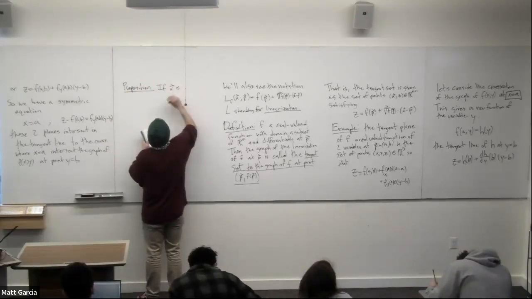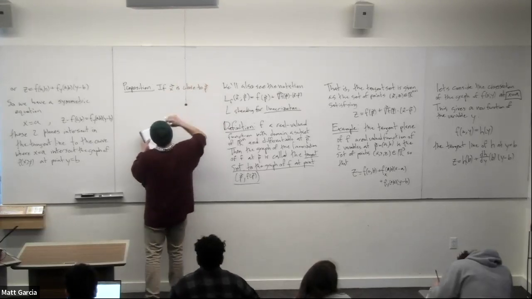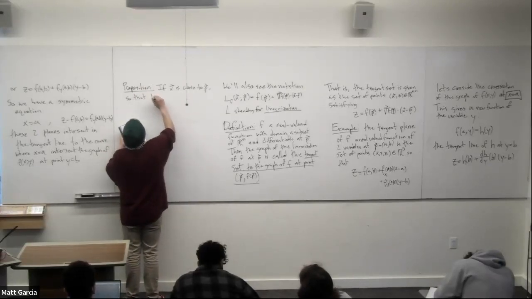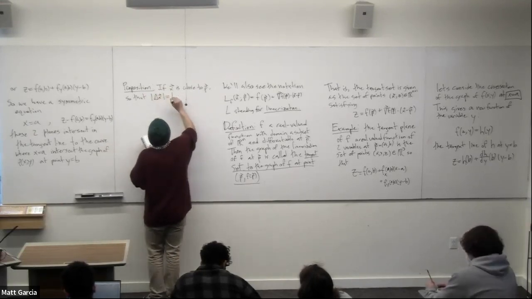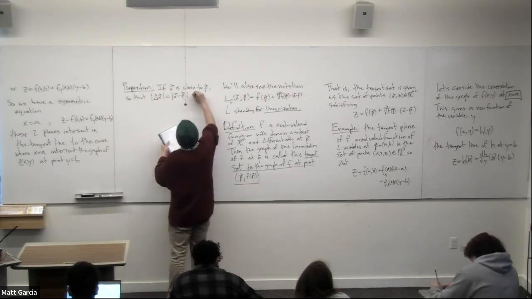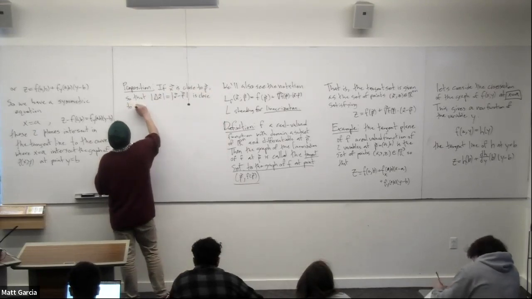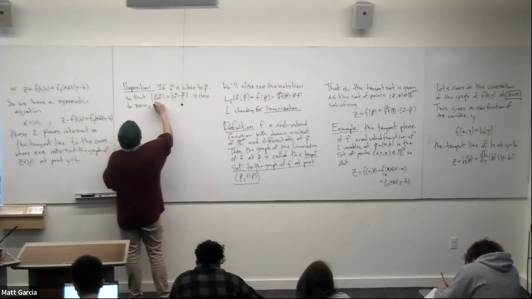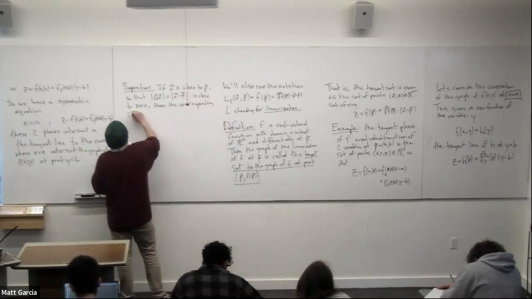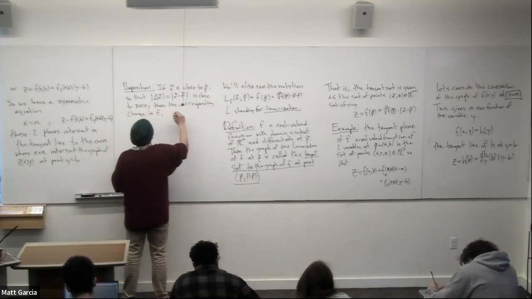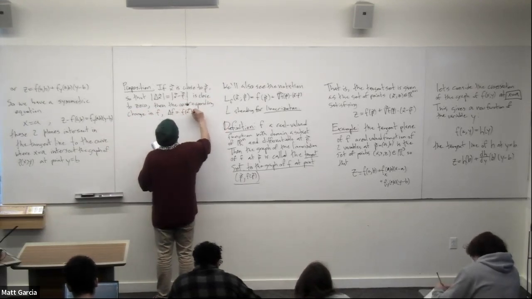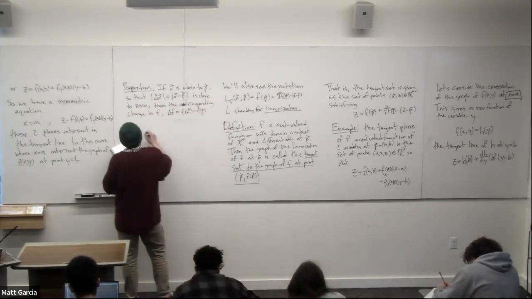If x hat is close to p hat, so that the magnitude of delta x hat, by which I mean the magnitude of x hat minus p hat, is close to 0, then the corresponding change in f, some function, which we'll call delta f, being f of x hat minus f of p hat, is approximated.